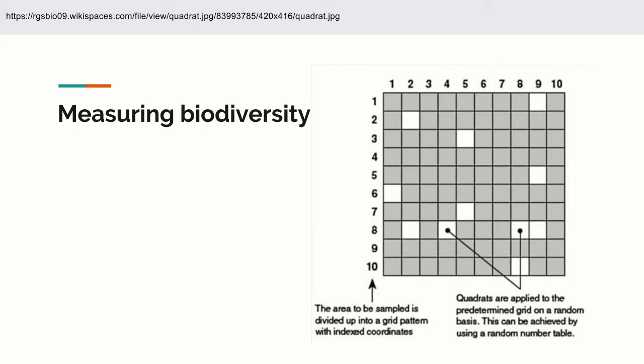So we sit there, we rope it all off, and then what you do is you use a random number generator and you say, okay, I'm going to look at these 5 quadrants or these 10 quadrants, and those are the areas that I'm going to use for my sample. And provided everything is equally distributed, I can now measure the biodiversity of an area without actually measuring every individual spot that exists.